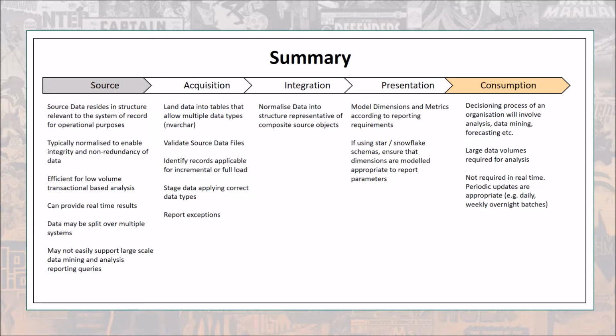When it's going into the acquisition model, data is landed into tables to allow multiple data types. It needs to be validated. Records that are changing between one day and another day need to be identified. You should try to avoid doing full data loads, where you throw through all the data every single day, if you can.